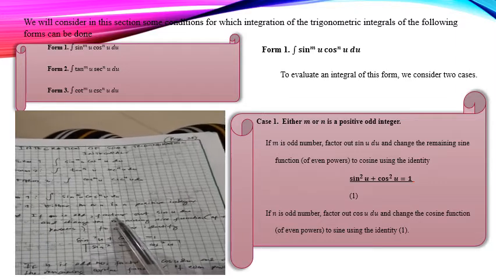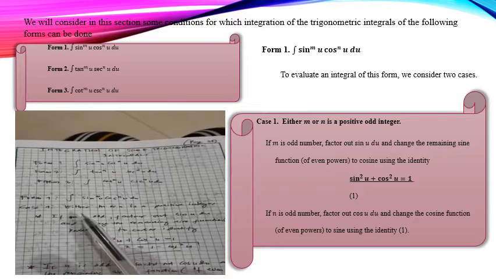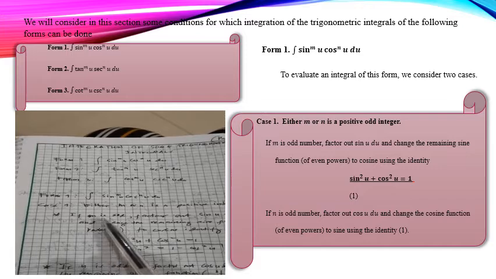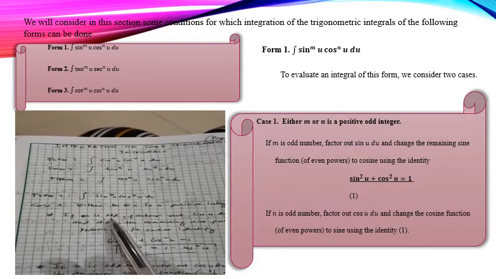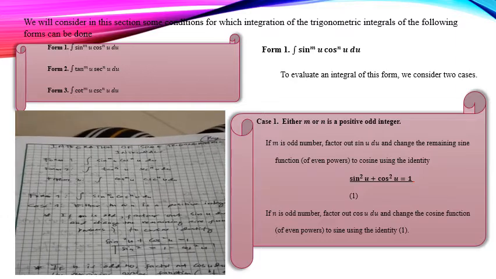Factor out daw natin is si sine u du. Ibig sabihin lang ng condition 1 sa case 1, if nakita ninyo na yung exponent ni sine is an odd number, babawasan nyo lang ng isa si sine.